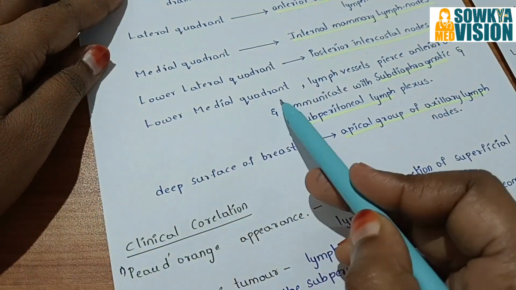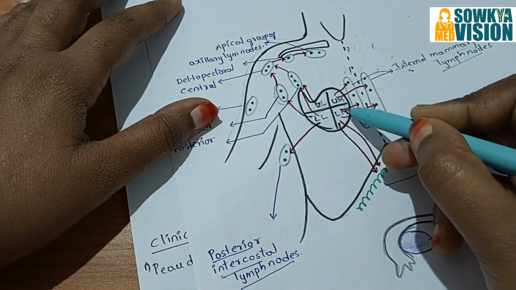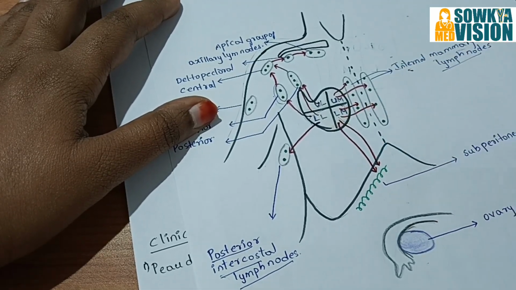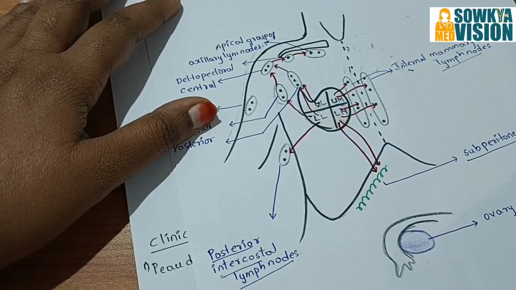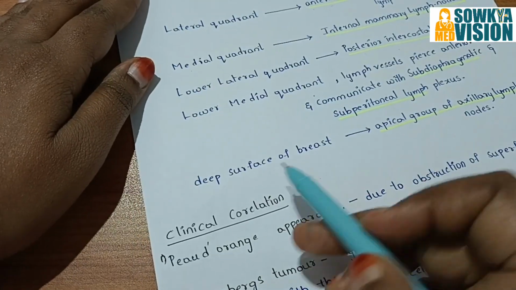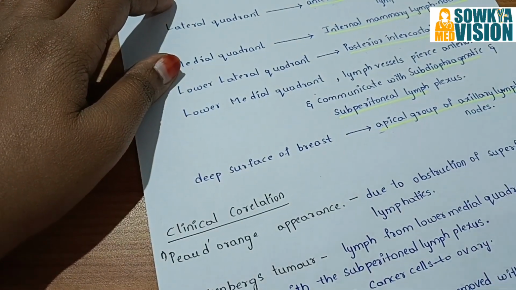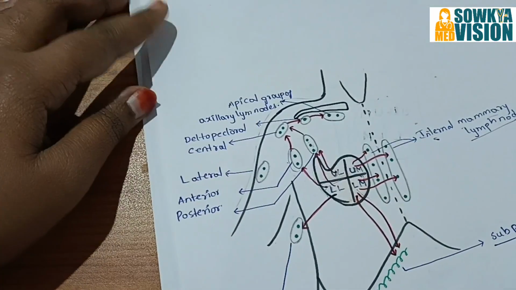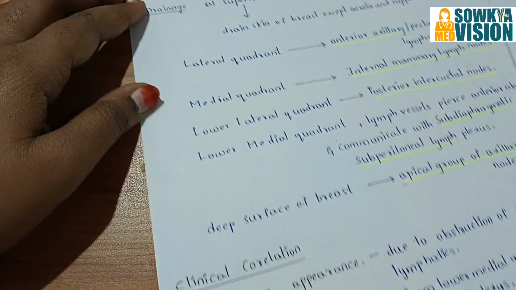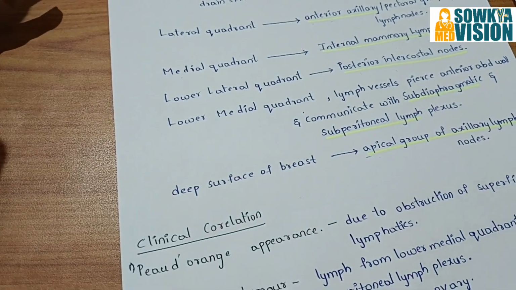And the lower medial quadrant is drained into subperitoneal lymph nodes. And the deep surface of the breast is drained into the apical group of axillary lymph nodes.